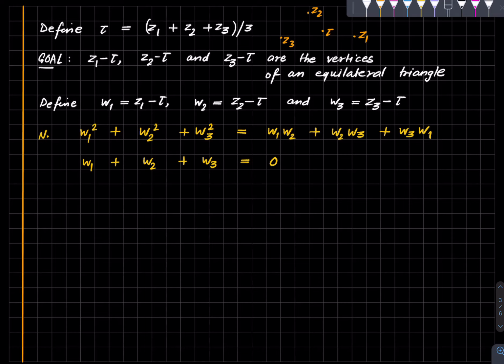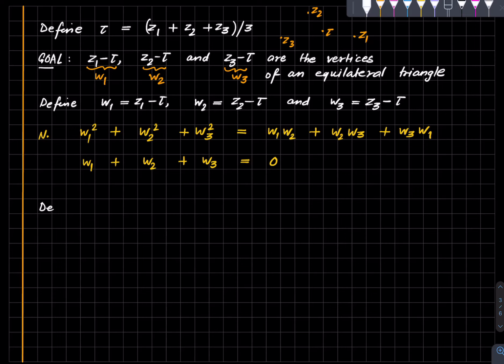So we have that, and our goal is to show that W1, W2, and W3 are the vertices of an equilateral triangle. Before we get there, we'll make one further adjustment, or you could call it a piece of trickery.